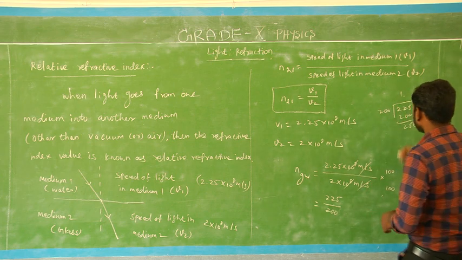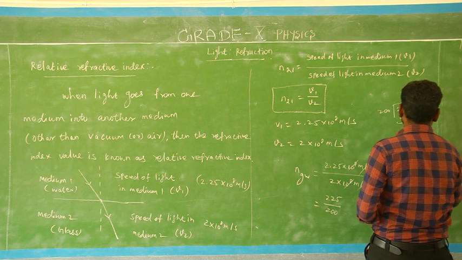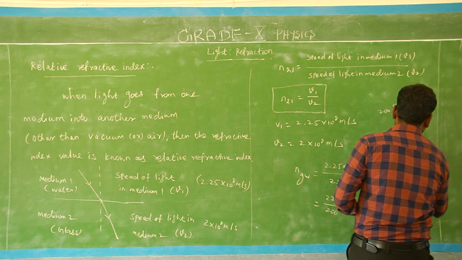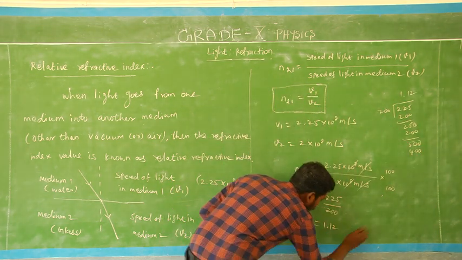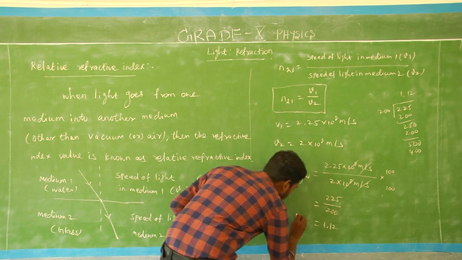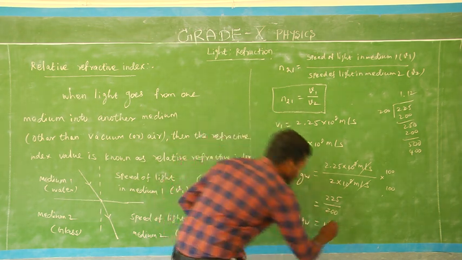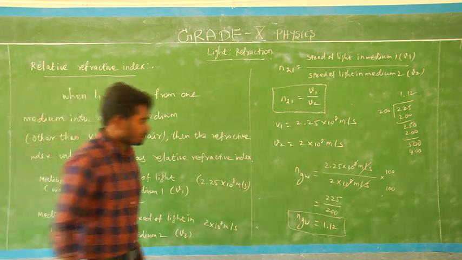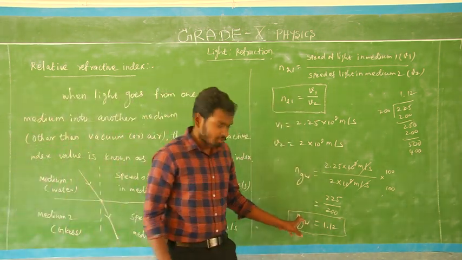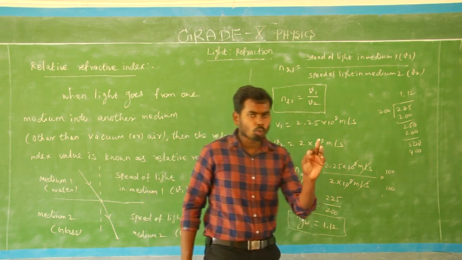Add one 0, 250, and 200 goes once more, so this is equal to 1.12. So the refractive index of glass with respect to water is 1.12. Very simple.